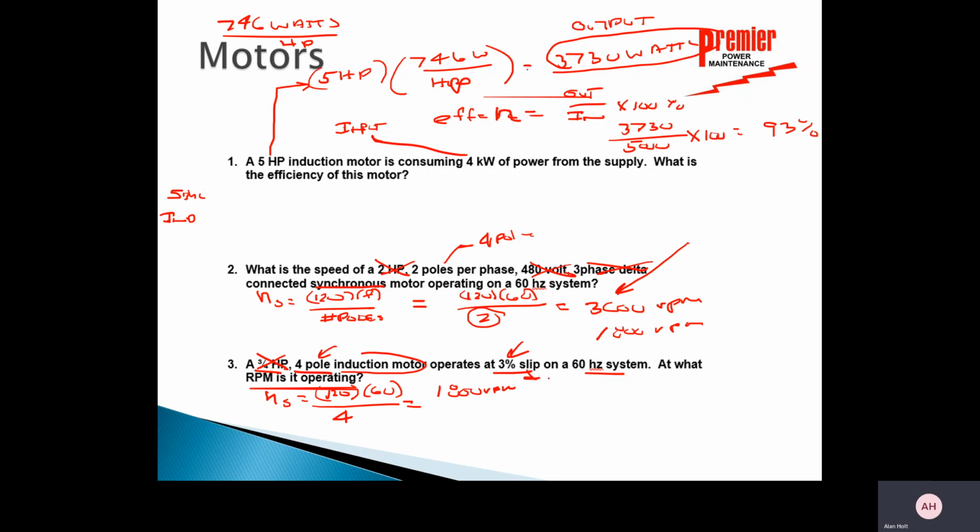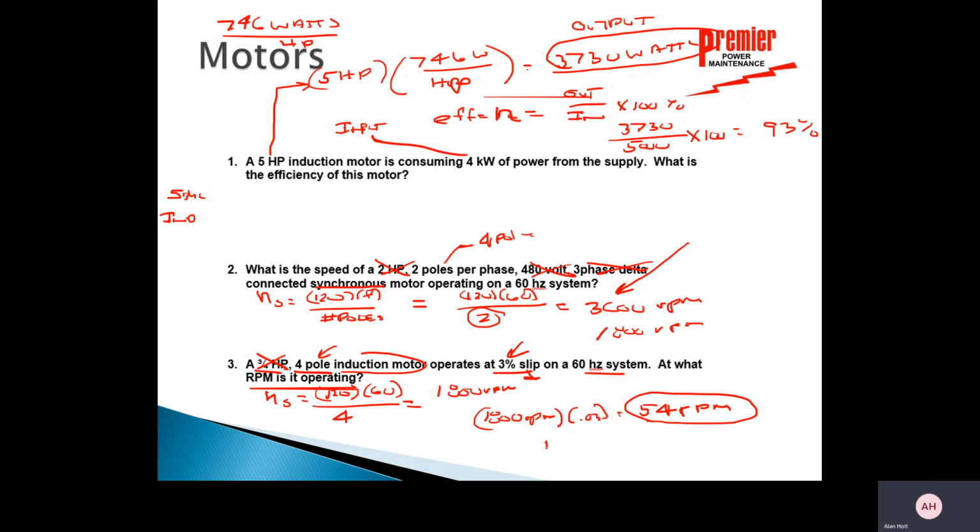But I said we have 3% slip, so 1800 RPMs times 3%, 0.03, is equal to 54 RPMs. So the bottom line is that the rotor on the inside of that motor is turning at 54 RPMs slower than the magnetic field on the outside of the motor that's creating all the work and all the motion.